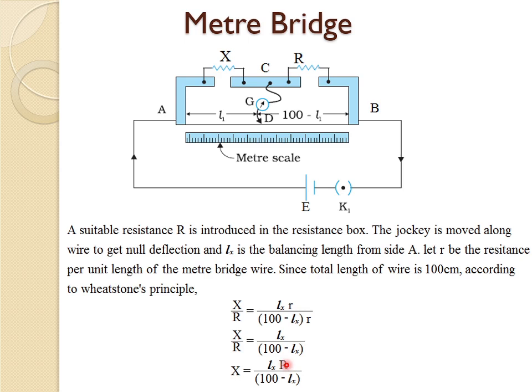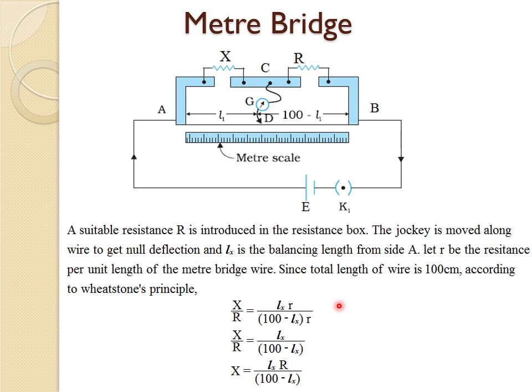So for a given value of capital R, we are taking two values of balance length. Now the experiment is repeated by changing the value of capital R. If you take 2 ohm in the first case, in the next trial you can take 3 ohm or 4 ohm.